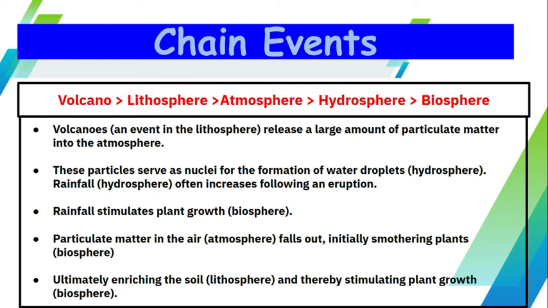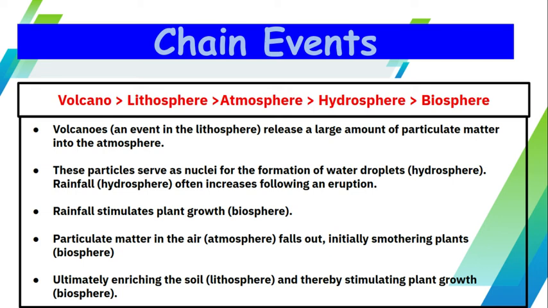Particulate matter in the atmosphere falls to the ground, initially smothering plants in the biosphere. So the immediate reaction is that all that cloud of dust eventually falls to the ground and smothers all of the plants. It can kill them all.